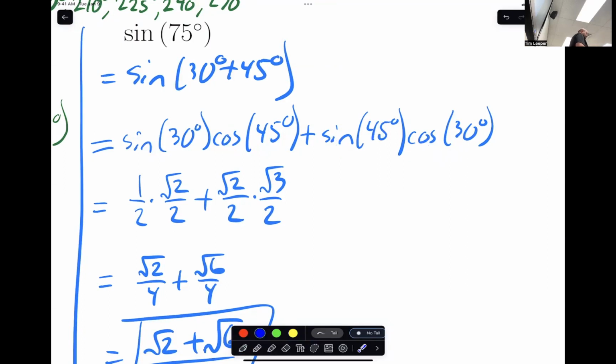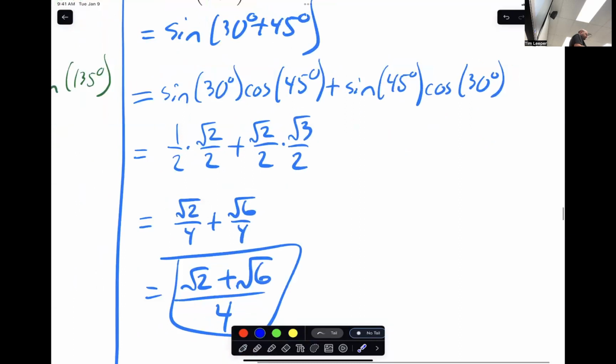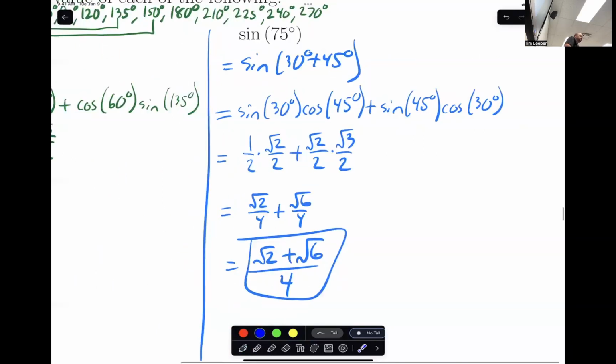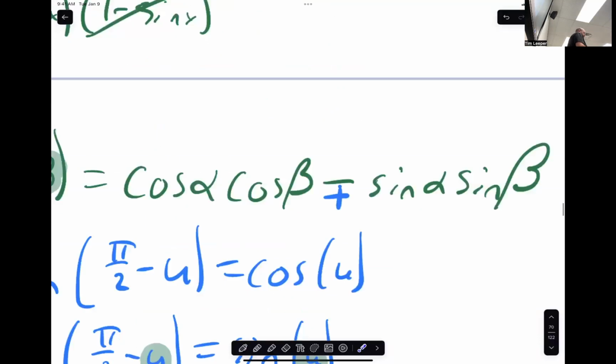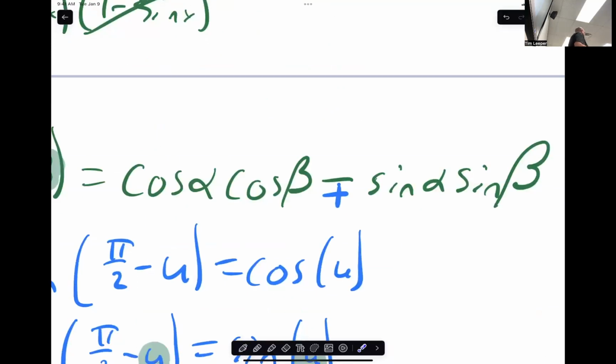Yes. Good. And that's with sine. With cosine, it's both cosine and then both sine over here. Just the formula. Both cosine and then both sine.